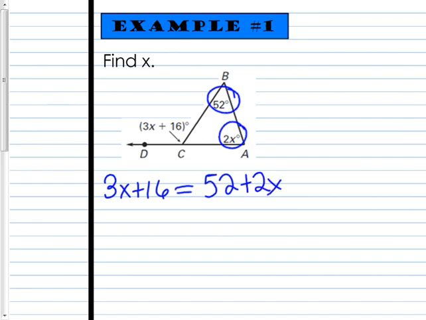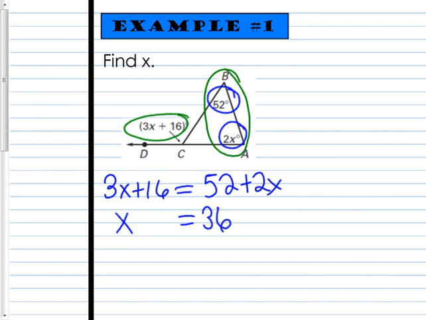So now we have x on this side equals 52 minus 16 is 36. So x equals 36. I subtract the 2x from both sides and subtract the 16 from both sides as well. Because this exterior angle is equal to the sum of these two angles, I was able to set them up as an equation equal to each other.